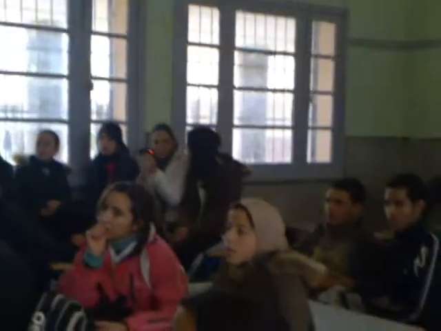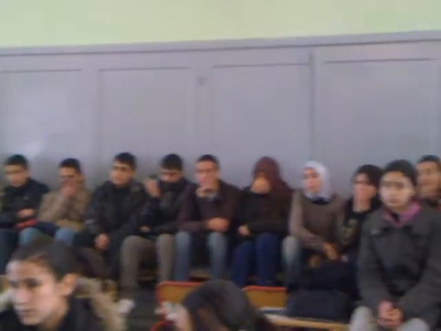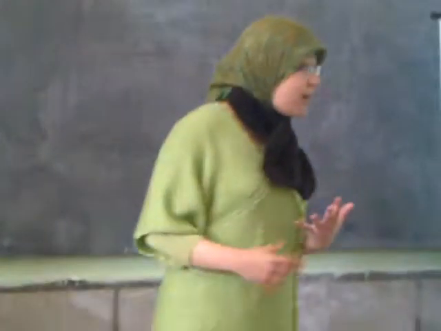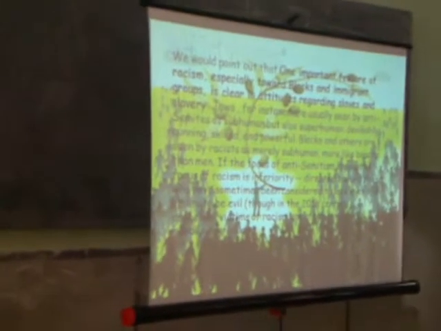across the Atlantic. Well, we would point out that one important feature of racism, especially toward blacks and immigrant groups, is clear in attitudes regarding slaves and slavery in a general way. Jews, for instance, are seen by anti-Semitism as subhuman, but also as superhuman, very smart, skilled, and powerful, while blacks are seen by some races as merely subhuman.